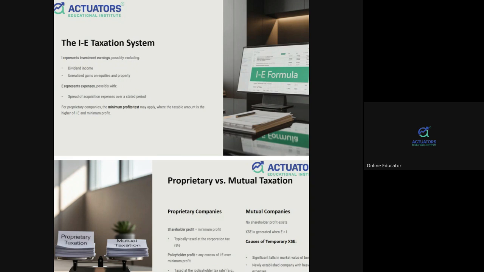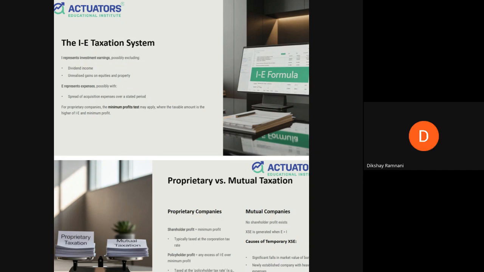Agreed? Yes or no, guys? Yeah. So if your policyholder profit is negative, your trading profits will be greater than the I minus E calculation, right? In that case, the minimum taxable amount will become the trading profit. Make sense? Yes or no?